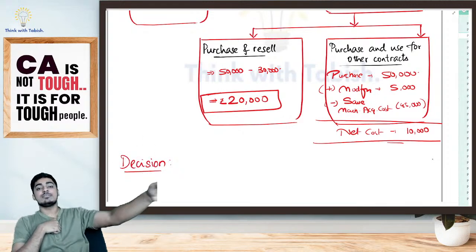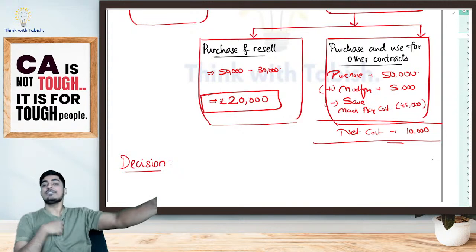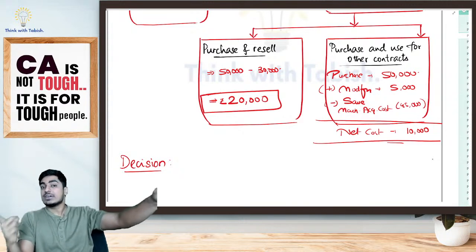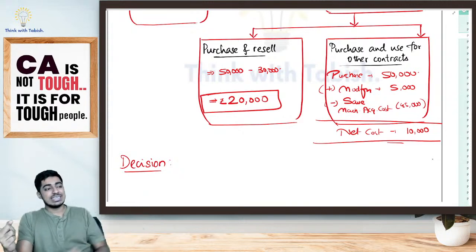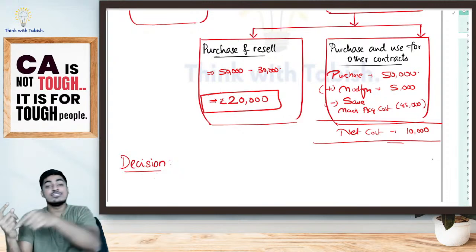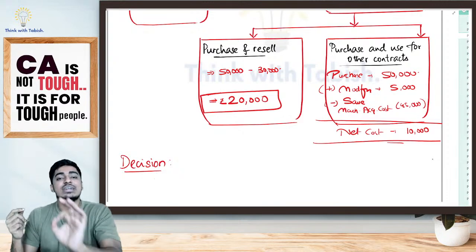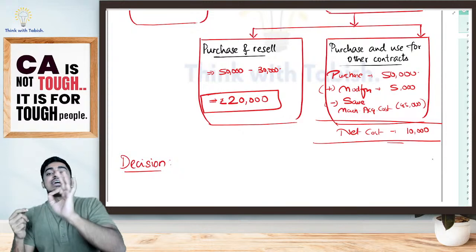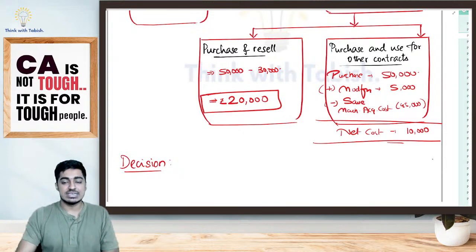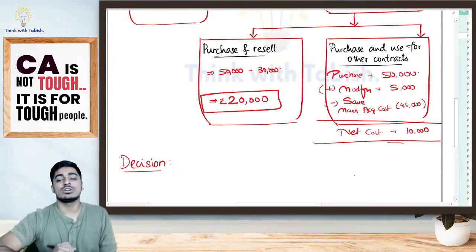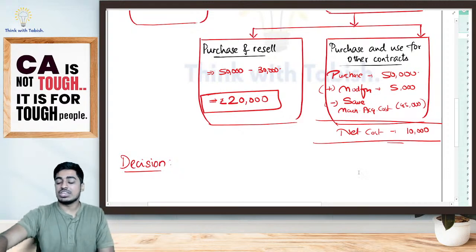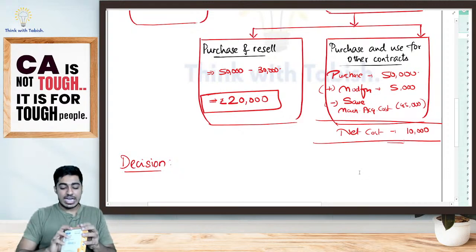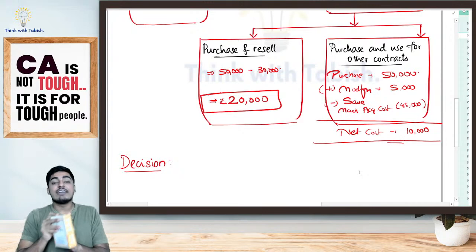But if I am paying 55,000, I can save the 45,000 which I would have otherwise incurred. So even though I have paid 55,000 here, I have saved that 45,000, so the net cost which I have incurred is just 10,000 rupees. Now I have 3 options. Assume I have to make a payment.